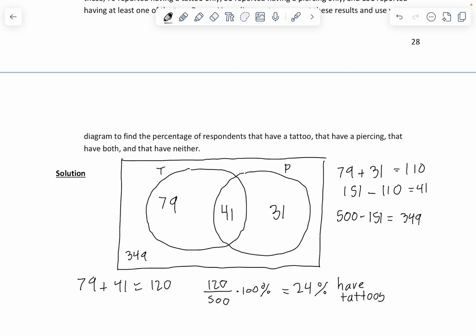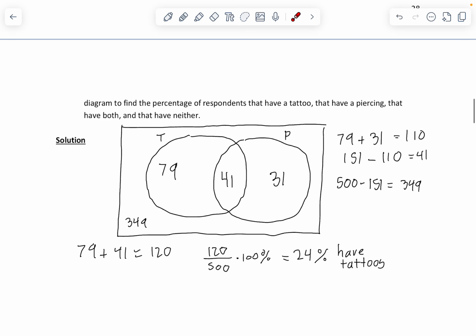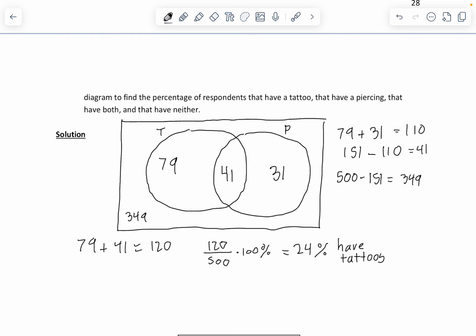Okay, piercings, similar, right? I would figure out the total number of individuals inside this column, this circle labeled P, right? So that would be 41 plus 31, which equals 72.